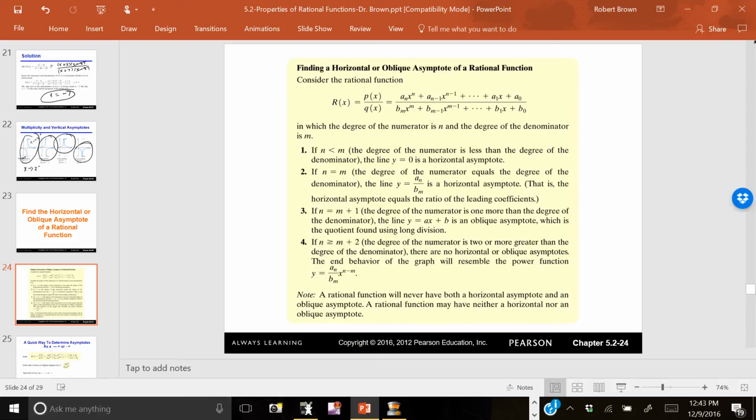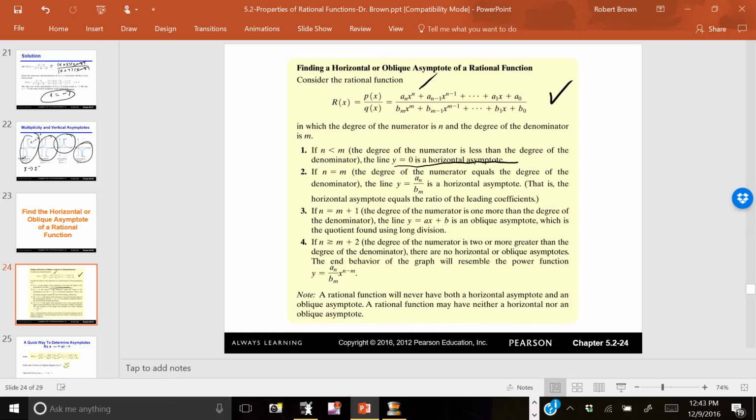If you write down the rational function, where n is the degree of the numerator and m is the degree of the denominator, if n is less than m, then y equals 0 is a horizontal asymptote.